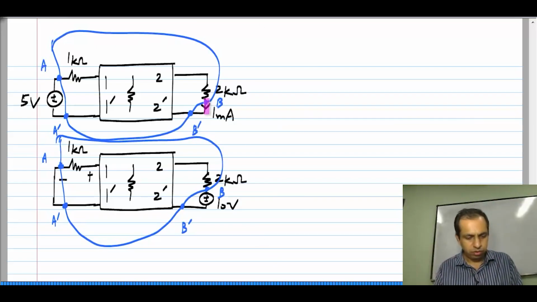Now, clearly this scenario where this side we apply a voltage, that side a short circuit, corresponds to Y parameter definitions. So, now what is Y21 of this circuit?